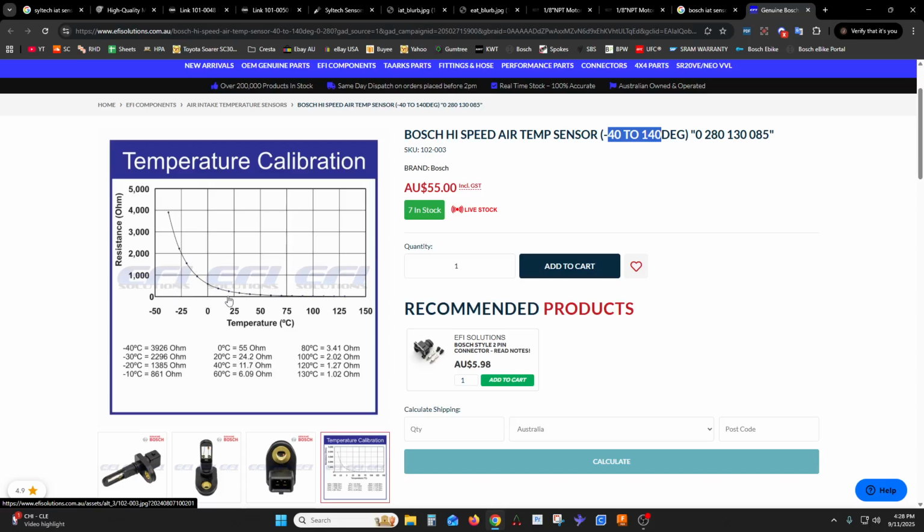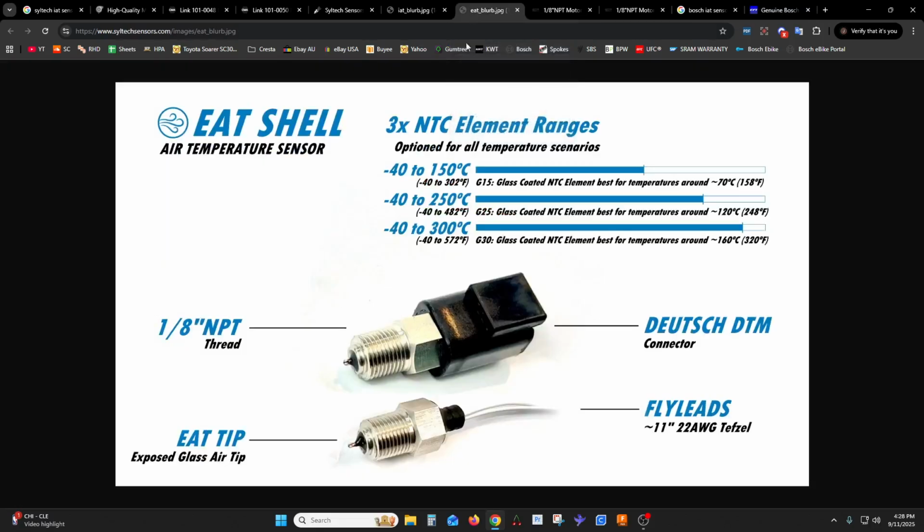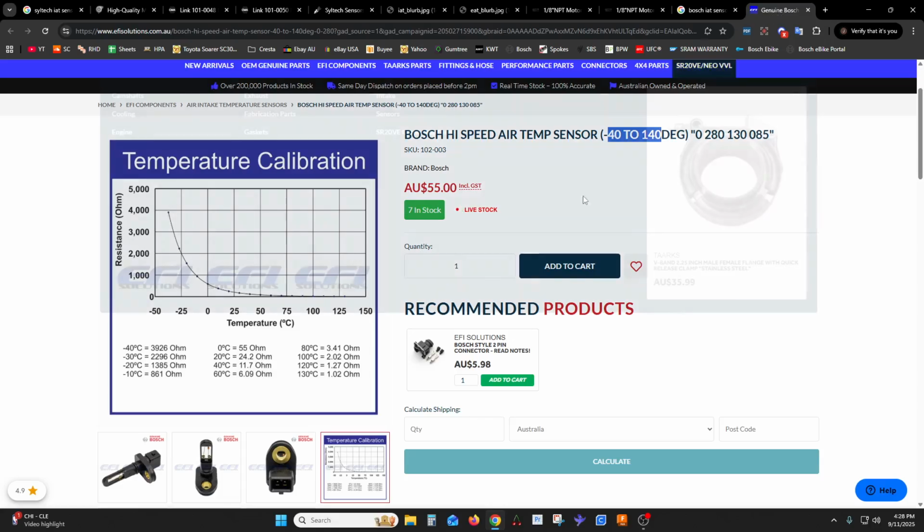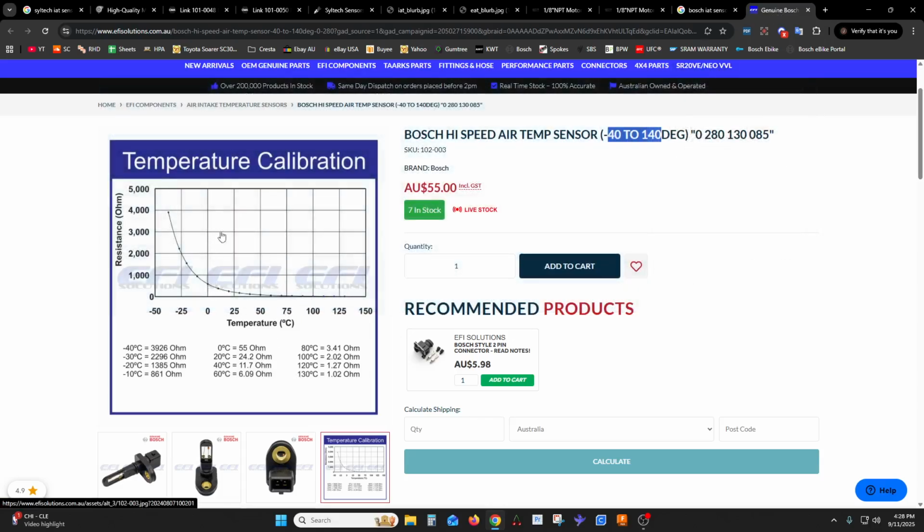The pre-intercooler sensor is more sensitive from about, well, it goes up to 250, and I reckon the curve won't taper off here, it'll come down, and it'll taper off down here somewhere at 120 degrees, or maybe even further.